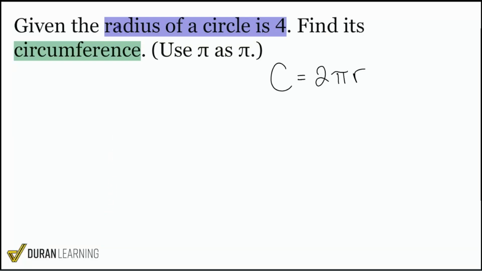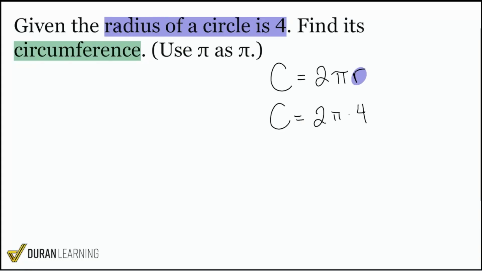So you're good there. With that, we are just going to plug in that radius being 4 right there. That's all we're going to do. And then we have c equals 2 pi times 4. Now, this is where we're just going to go ahead and clean things up, combine like terms. If we're getting super technical, we're using the commutative property of multiplication.